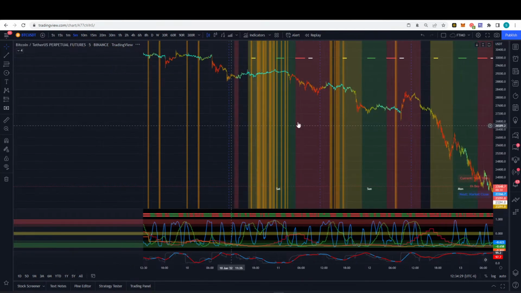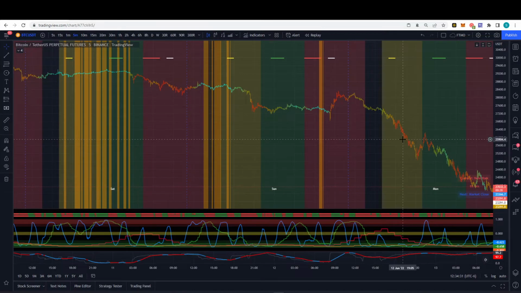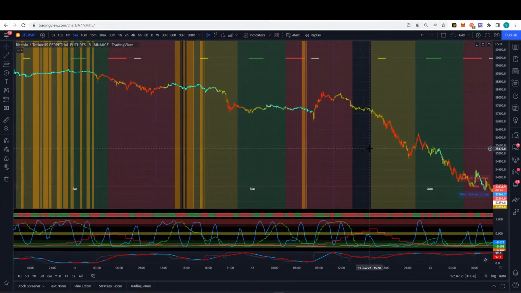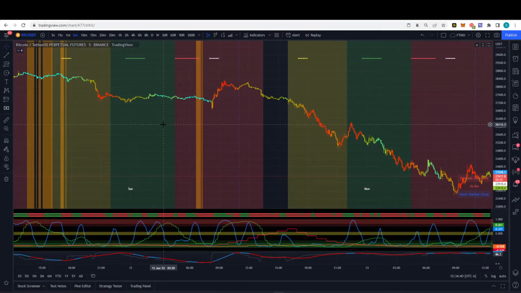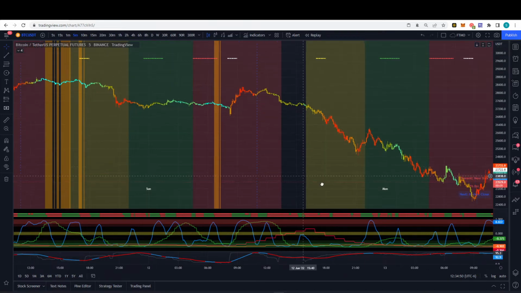If you don't know what time session it is, what period of the day you're trading, or what side of liquidity delivery you're on, you're wasting your time. You're going to lose more than you win just because you don't understand where the market is moving. And you find that through sessions.